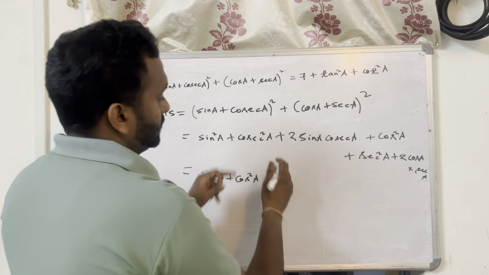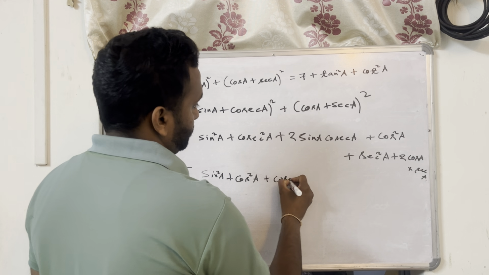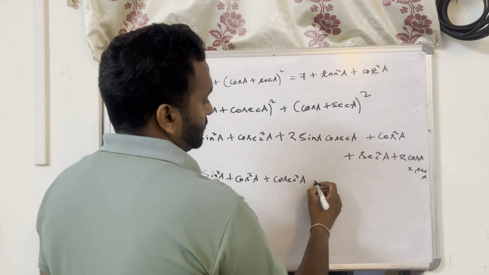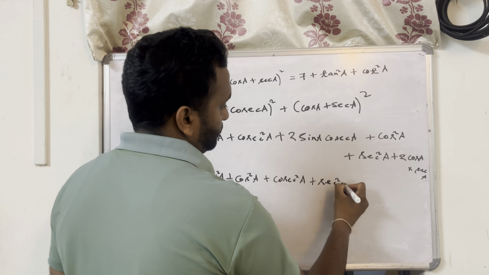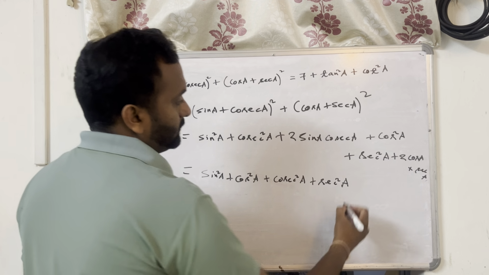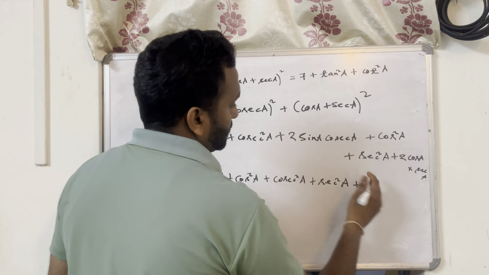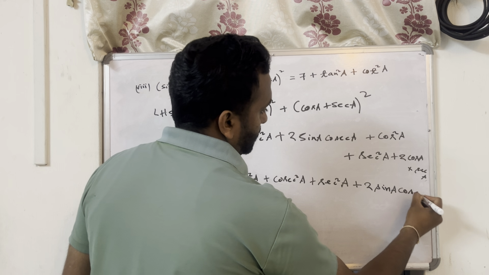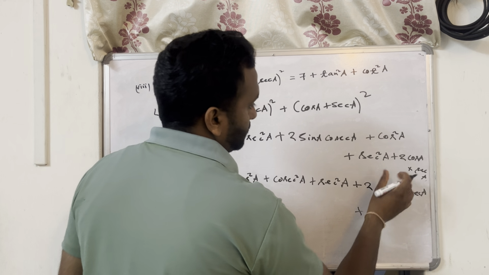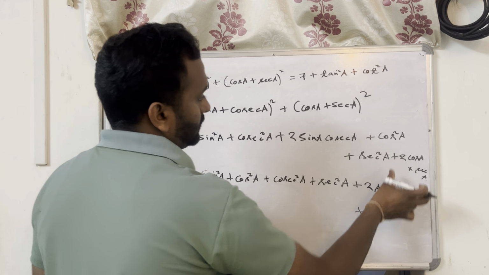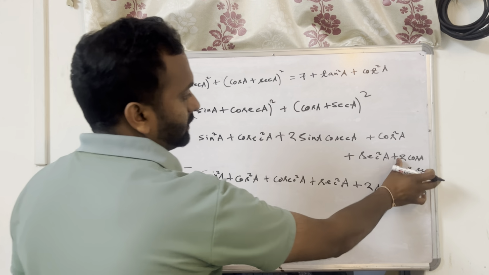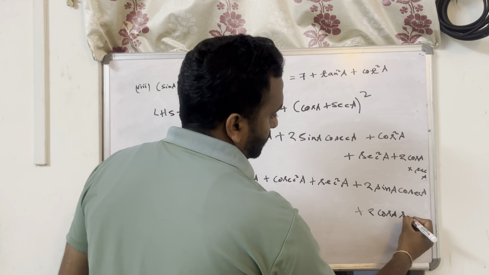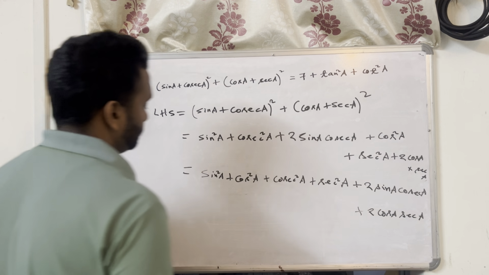Then cosec square A, I'm arranging it together with sec square A. Then look here, this part I'm writing as 2 sine A cosec A. Then I'm left with 2 cos A into sec A.